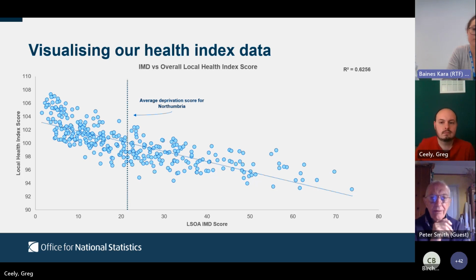But the value of the local health index, by taking a very granular approach to those health indicators at that very small level, is that you can find some that are not deprived at all, but where the health outcomes are not good. We talk a lot about hidden need in deprived areas, but theoretically this could be picking up on some hidden need in our less deprived areas as well, where there might still be some significant pockets of poor health that would not ordinarily be seen.